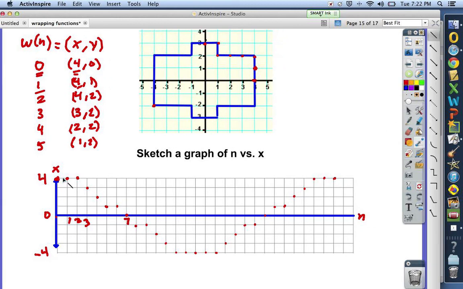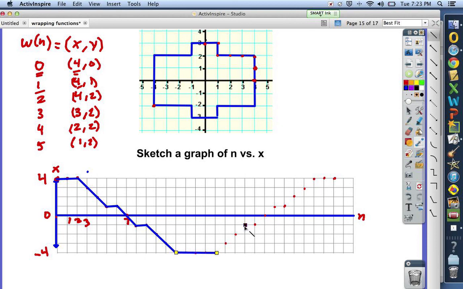So, see if I can graph this thing here. It looks like that. Then comes down here. Stays flat for a unit. Goes here. And let's see, over this way.